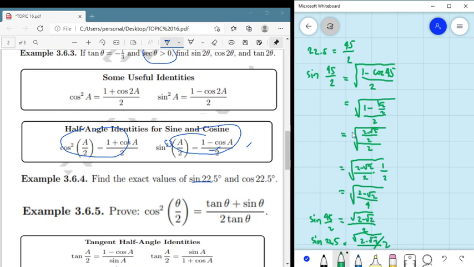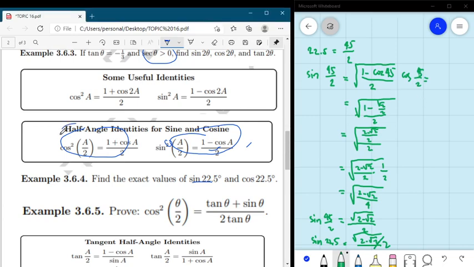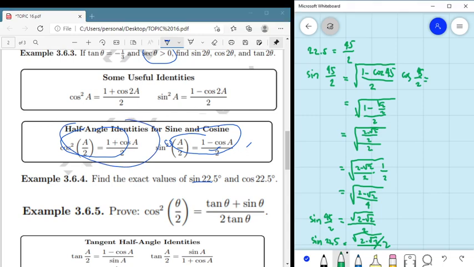Okay. What about cosine? Cosine of 45 over 2 is the same as the formula we used earlier: the square root of 1 plus cosine 45 over 2. Cosine 45 is similar to cosine pi over 4. So this will be the same as the square root of 1 plus the square root of 2 over 2 all over 2.